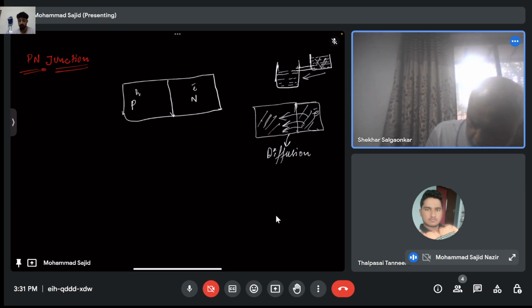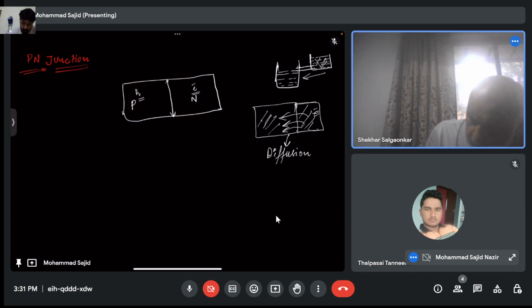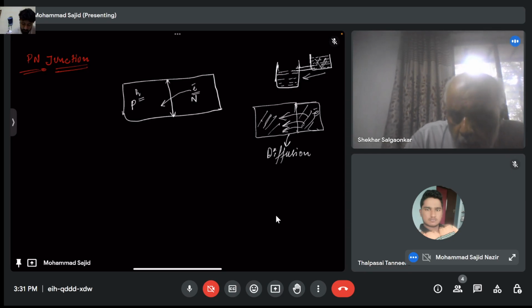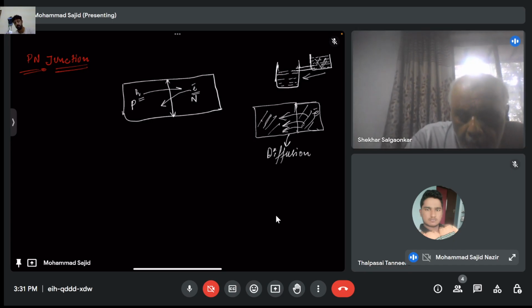So these electrons will flow. Similarly here, holes are in majority, and electrons are in majority here. So these electrons will flow here and holes will try to flow there, because of the concentration gradient.